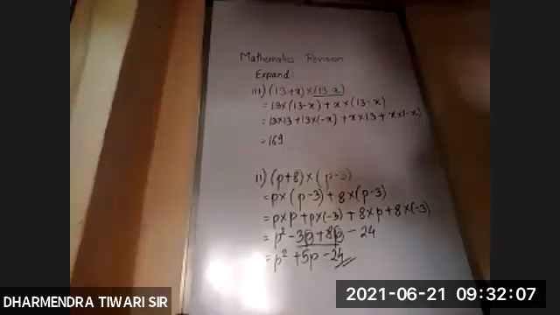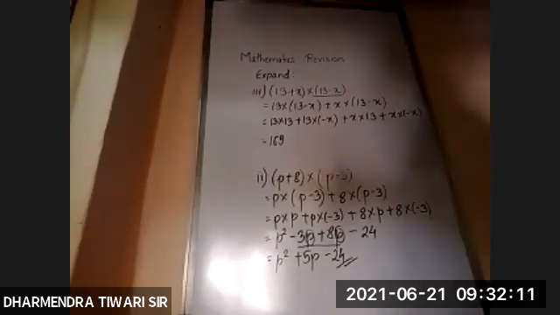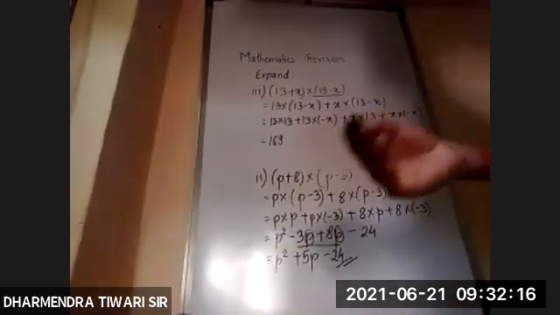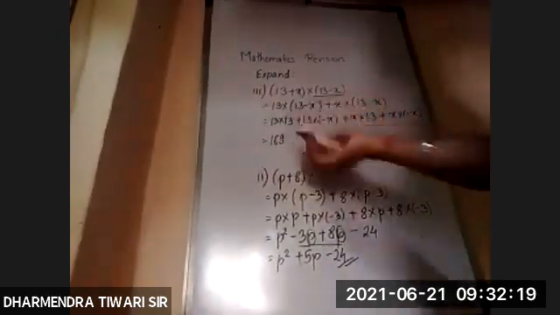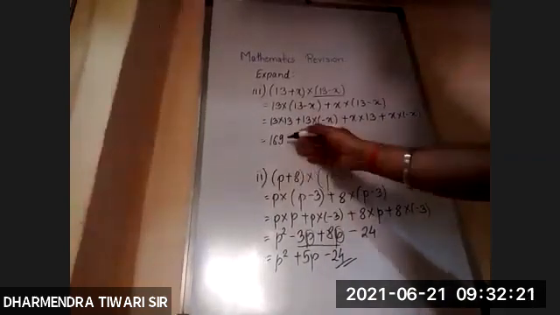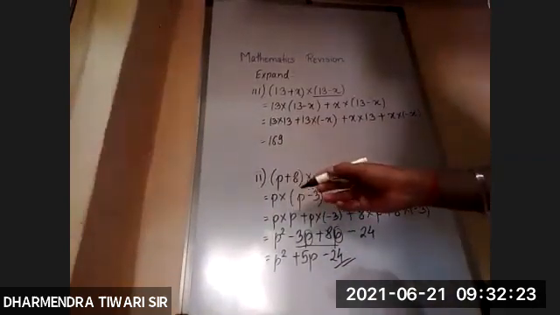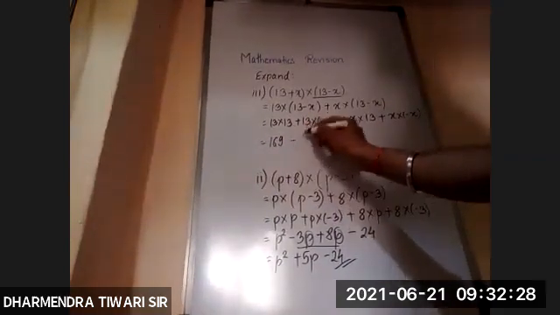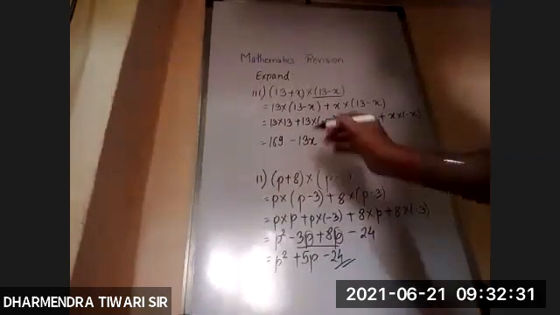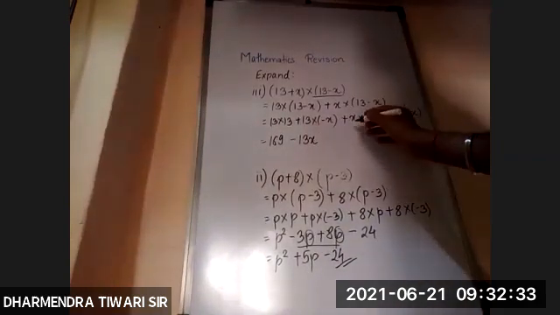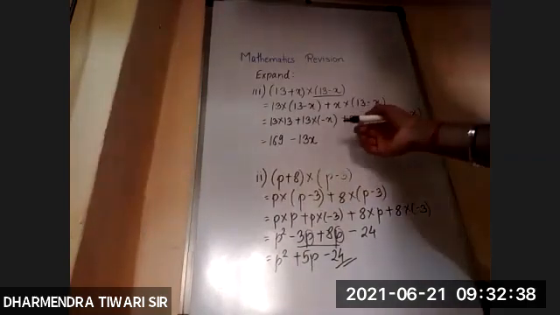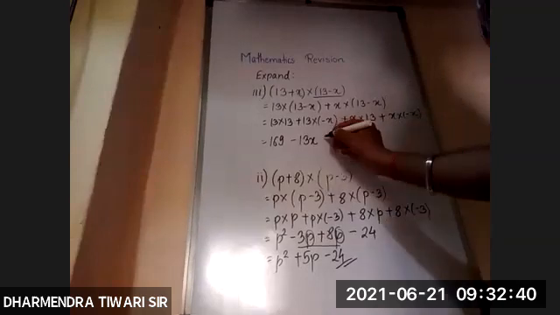You should know squares of numbers till 30, so that whenever required, you will directly get the answer. 12 square is 144, 14 square is 196. So I got here 13 square, which is directly calculated, 13 square is 169. Plus into minus is minus, so I'm getting minus 13x. And here, plus x into 13. As per convenience, I'll be writing 13x.